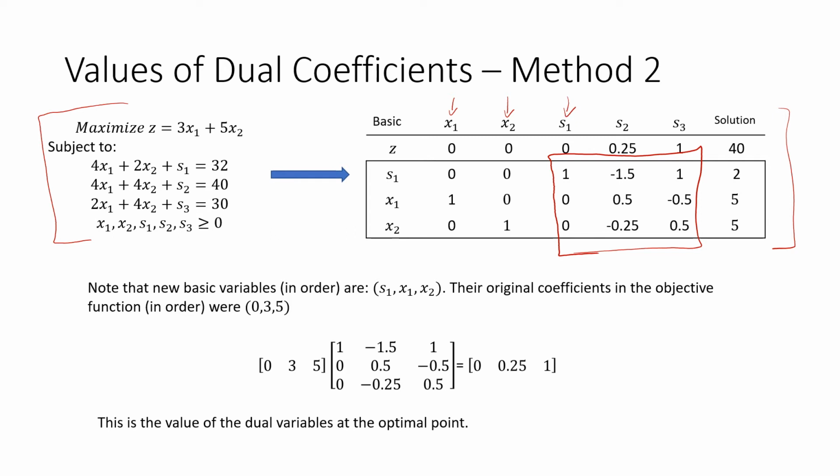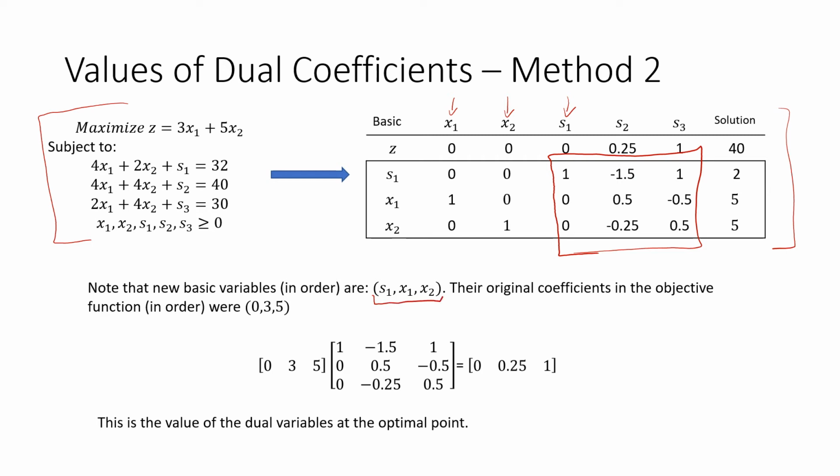Those are our optimal basic variables. They form an identity matrix as well, but you have to rearrange them a little bit. If you put S1 followed by X1 followed by X2, those columns give you an identity matrix. So here's where I have them in order.